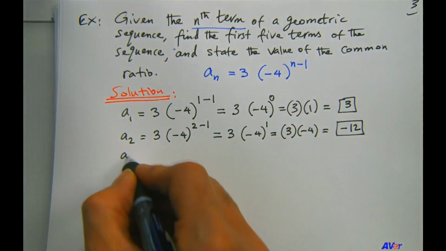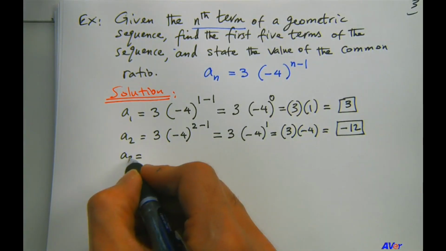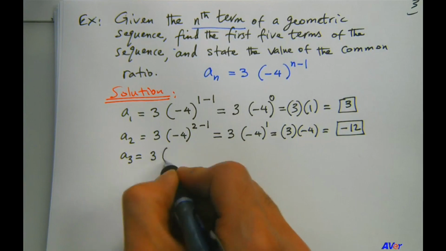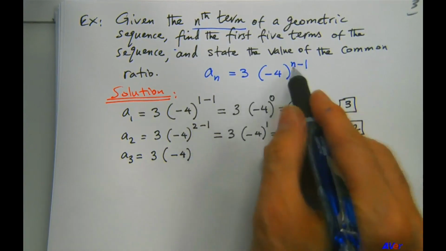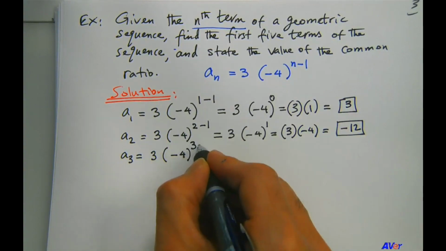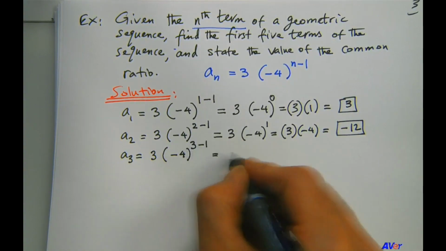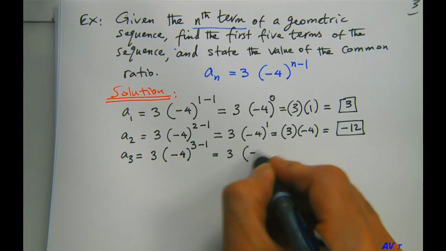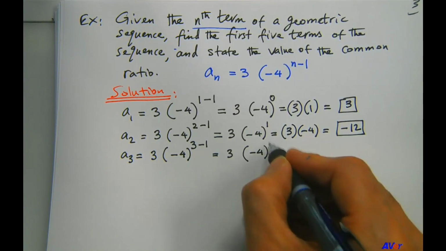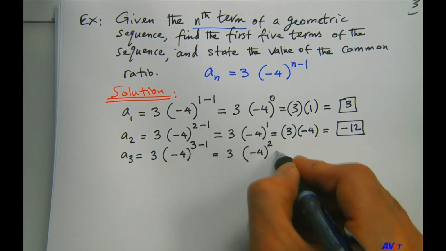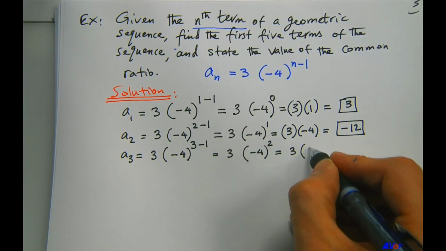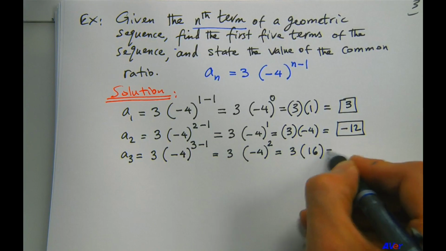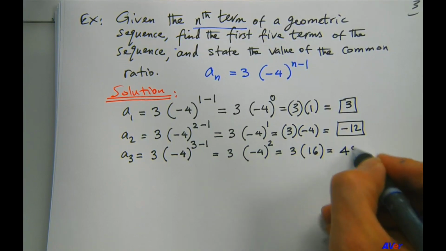Right? a_3, or the third term in the sequence, is equal to 3 times minus 4. Instead of n, we plug in 3, minus 1. Then we have 3 times minus 4 to the 3 minus 1, which is 2. 3 times minus 4 squared, 16, and we have 48.